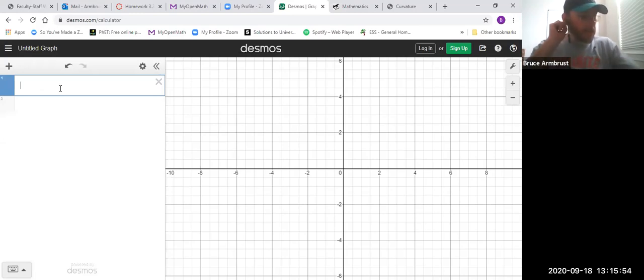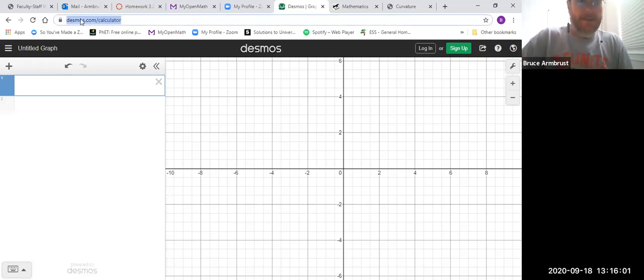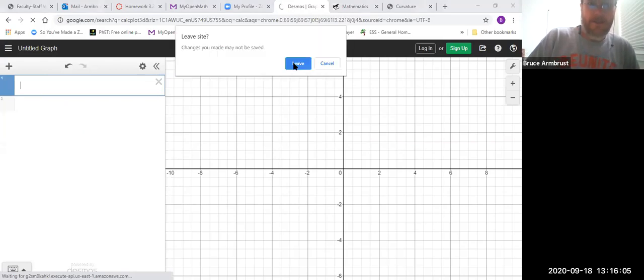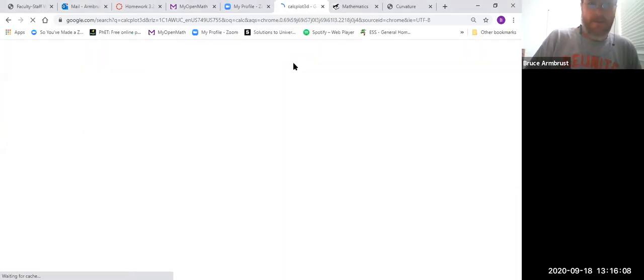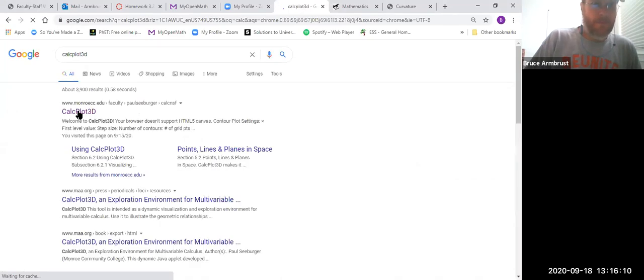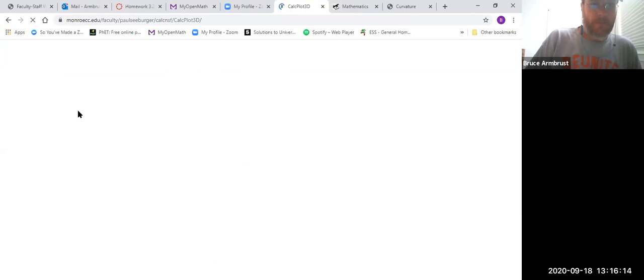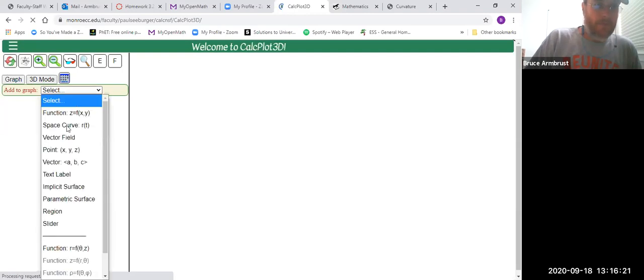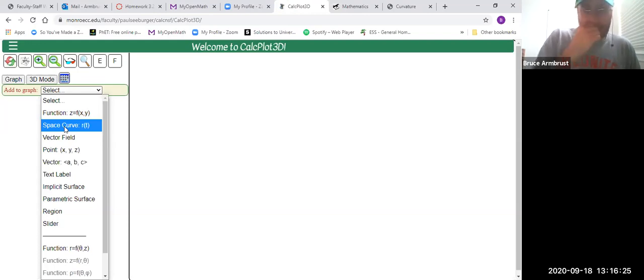Okay, so let's see. Oh, except this is a 3D plot, of course. Calcplot 3D. All right, so we'll go ahead and put some space curves in here.